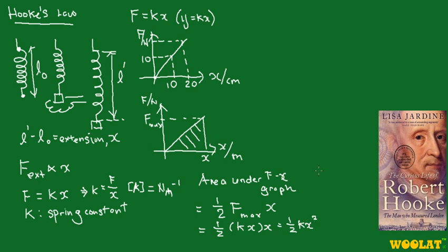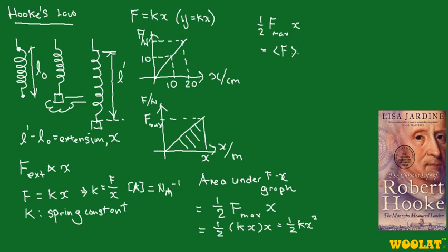And what is half kx squared representing in terms of a physical quantity? Let's give some brief derivation. The area under this graph is force multiplied by the extension, and it's half. So you can see that this is actually the average force during the entire process of the extension.